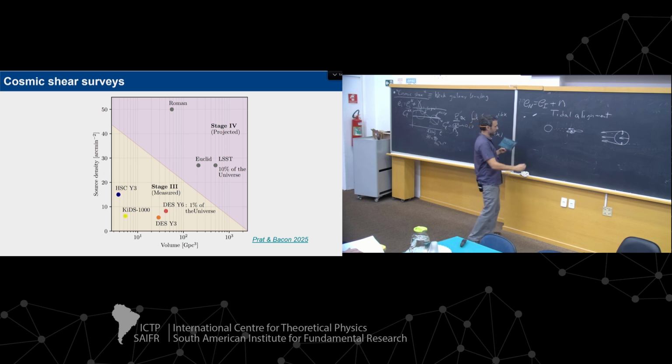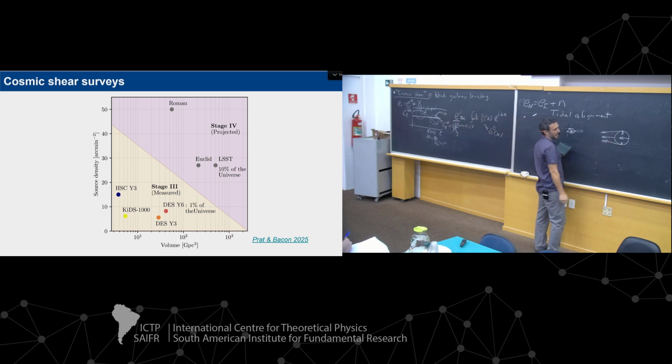say, okay, remember we were talking about the inertia tensor of the shape of a given galaxy. Within this tidal alignment model, we say the intrinsic contribution to the inertia tensor of a galaxy should be proportional to this effect, proportional to the differential in the forces of gravity across this object.